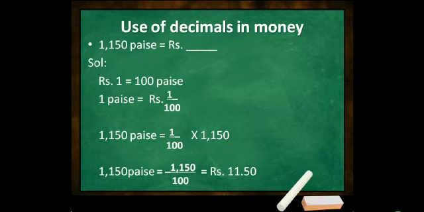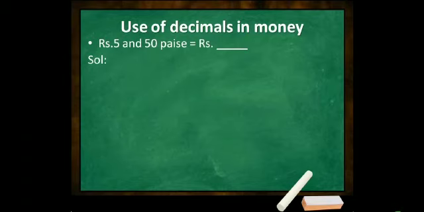Now when you divide, or you take the 2 decimal places, that is, the denominator is having 2 zeros. So from the right side of the number 1150, you are going to put the point. So from the right side, when you count 2 digits, that is 0 and 5, you will put the decimal. So when you convert it, you will get rupees 11.50.